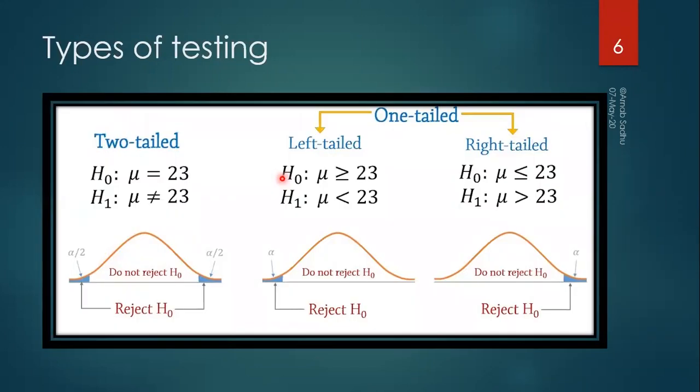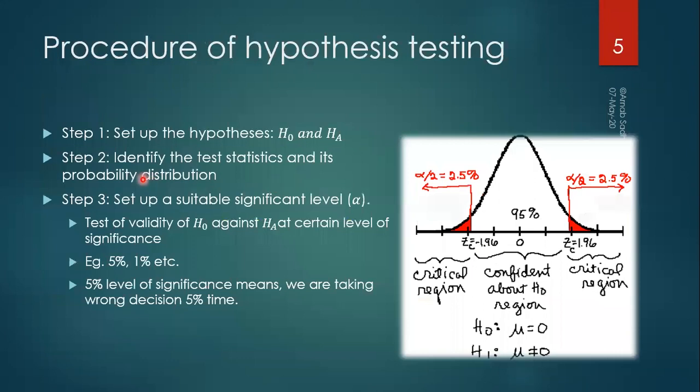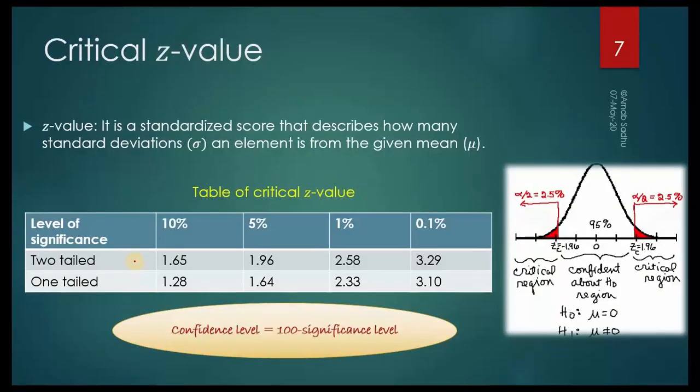Now the next part that we need is the critical part, this critical zone of Z. Here remember, I have already written some value of Z. How do I get this value? I have to find out. So the critical Z value: it is a standardized score that describes how many standard deviations an element is from the given mean.